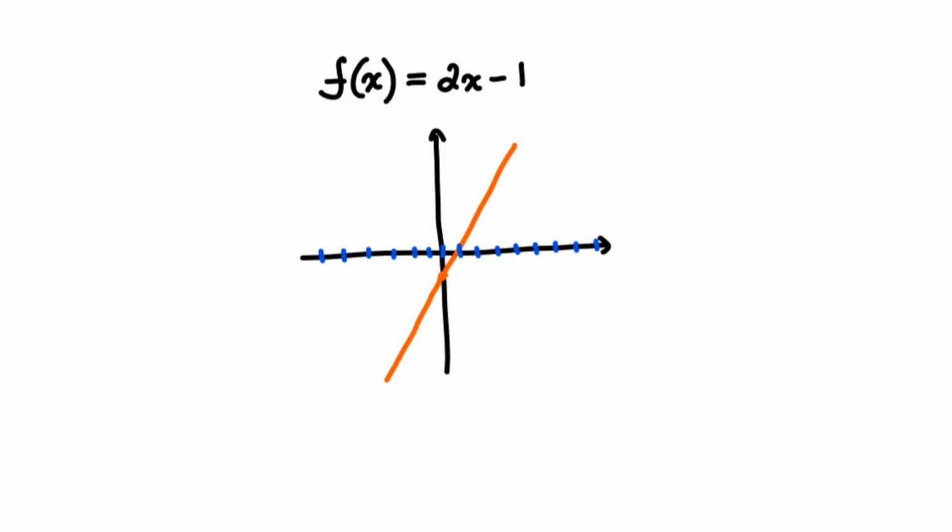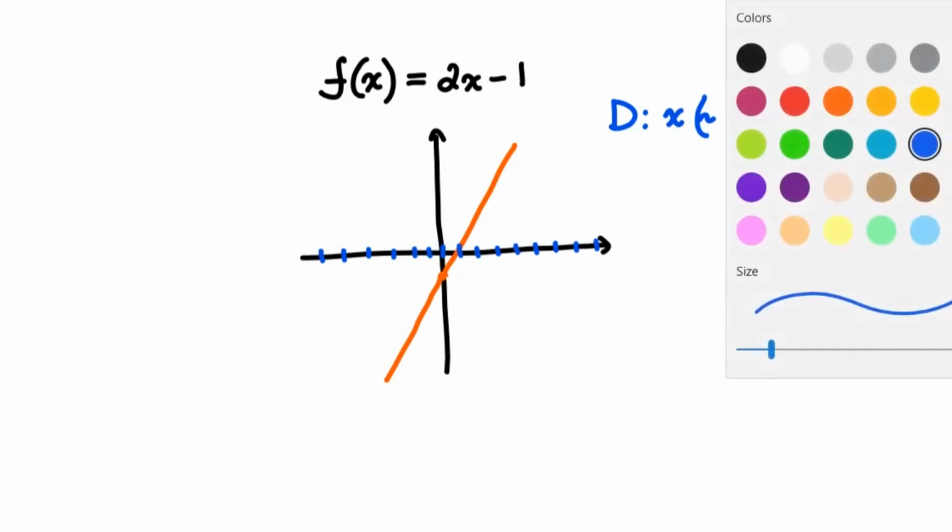Therefore, the domain of this function is all real numbers, and the way we record it is this. D, which stands for domain, is x is all real numbers. R, capital R, represents real numbers.